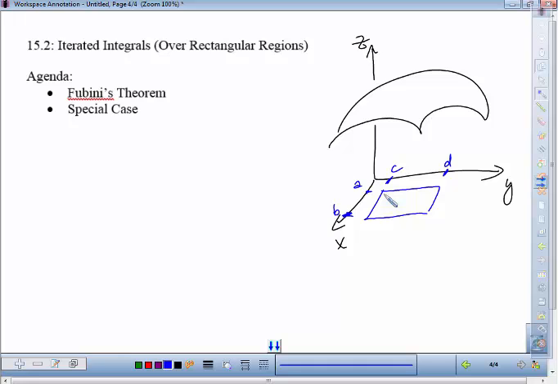So let's fix this at y star, where it's constant. And y star would be some random point between some distance with delta y in it.